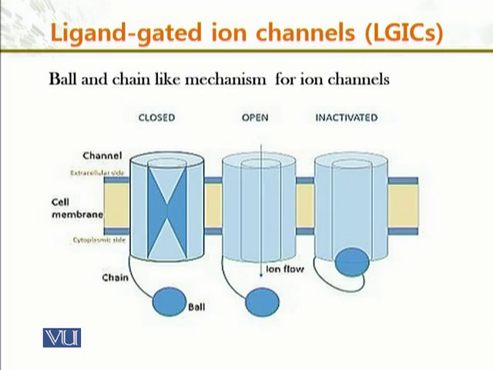Further, all these channels cannot be opened or closed permanently, so the cell has to inactivate them. When it is inactivated, the ball fits into the channel. And remember, again, they are at the discrete end of the channel. And this is the ball and chain model.